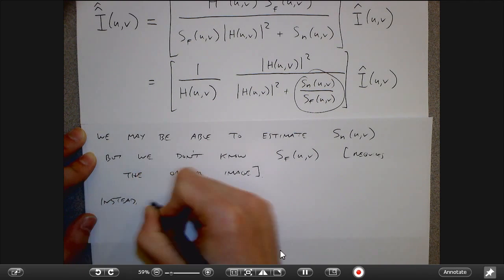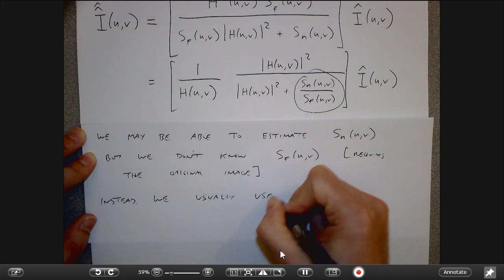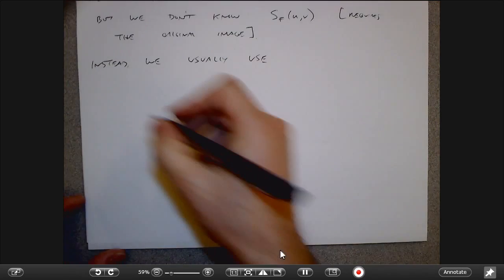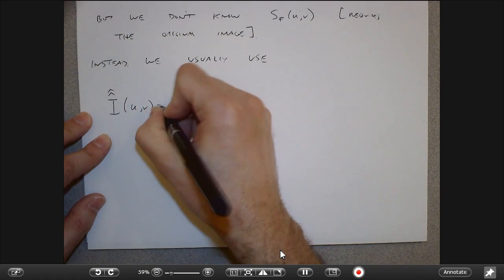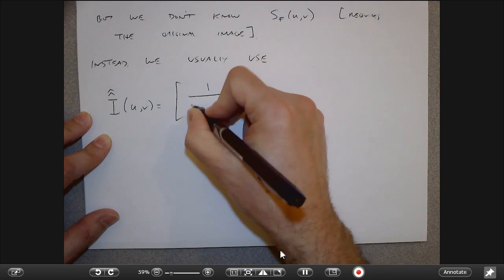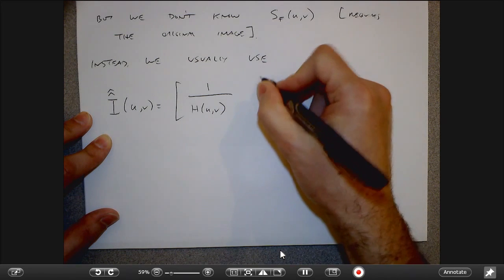Instead, we usually use something that's a little bit simpler. We basically say something like, I reconstruct my image as, I'm just going to rewrite this guy here.